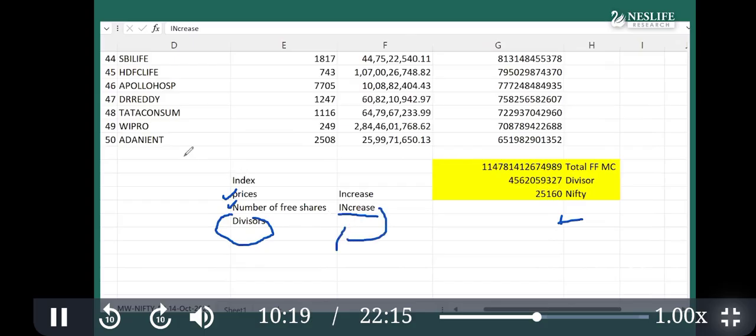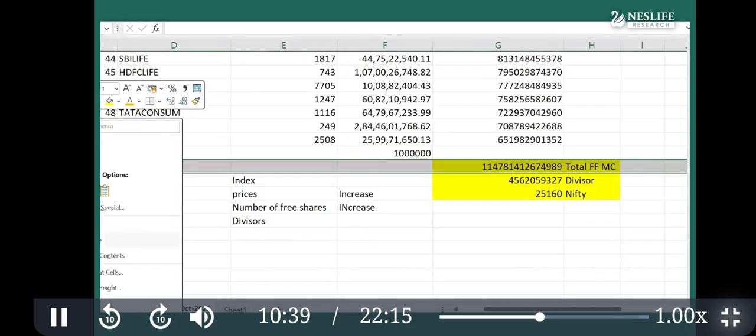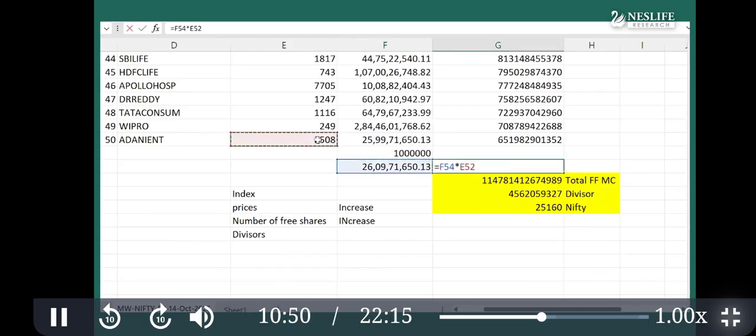For example, suppose now this Adani Enterprises. These are the number of free shares as of now. If Adani issues additional shares, let's take additional, okay. So what will be his total free float? These are the free floating shares, and then his market capitalization will be this multiplied by the share price.